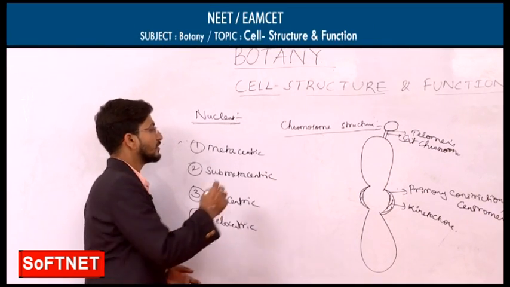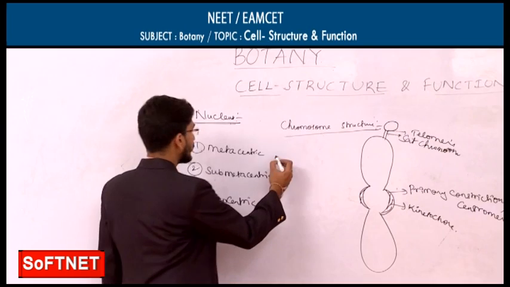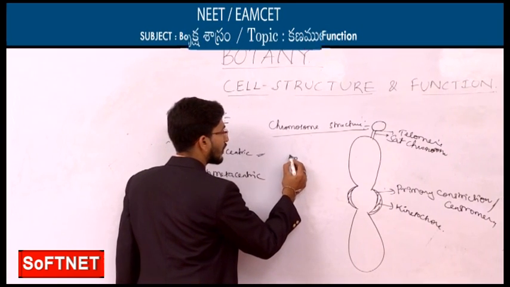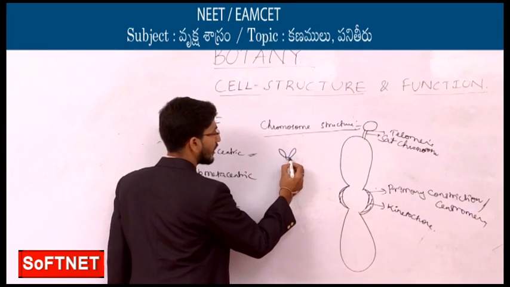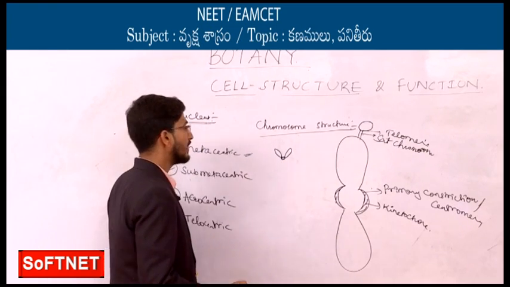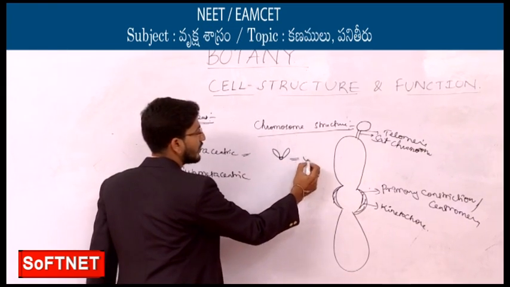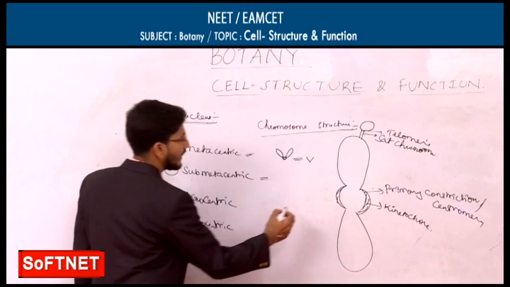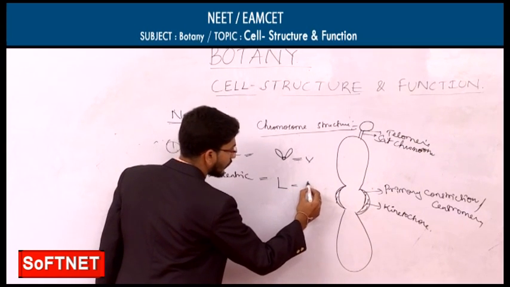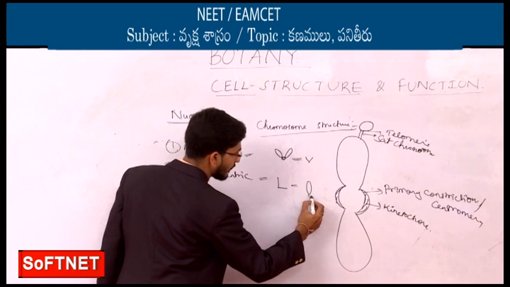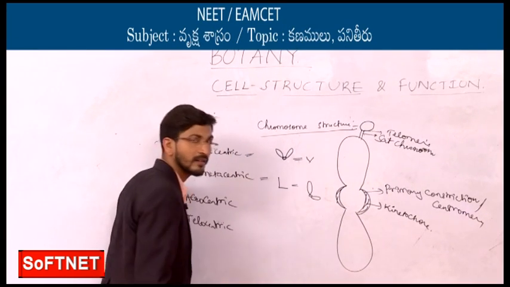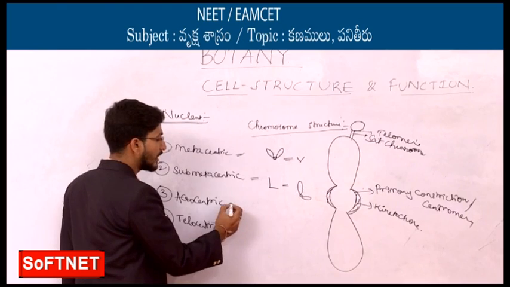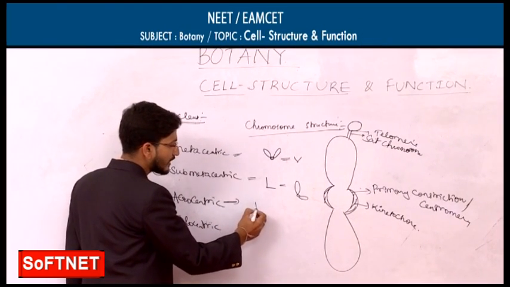During this stage, the chromosomes appear in different shapes. In a metacentric chromosome, the centromere is present in the center, so it appears V-shaped. Whereas a submetacentric chromosome appears L-shaped, because the centromere is present near one end. In this case one arm is very long and one arm is very short, which is why it appears L-shaped. Whereas an acrocentric chromosome appears J-shaped.